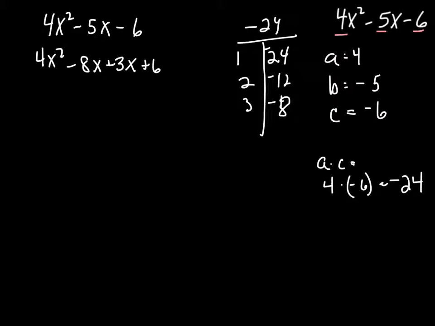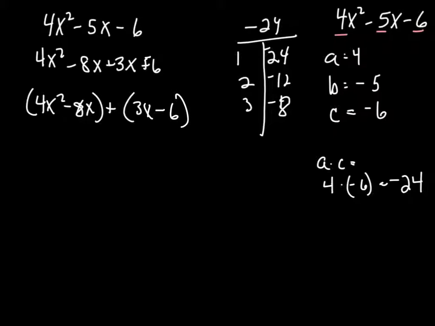Now we're going to factor by grouping, so again, go ahead and separate your groups, and we have 4x squared minus 8x plus 3x minus 6. I had to make some corrections here, and of course this is going to be a -6 right here. I just failed to write it properly.